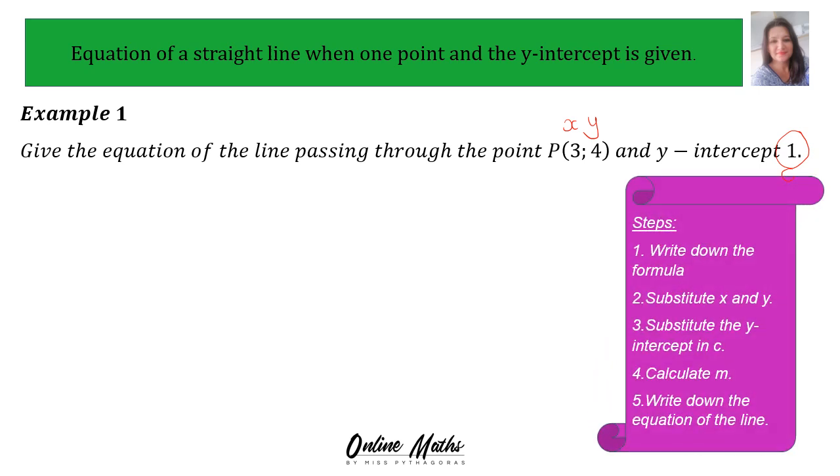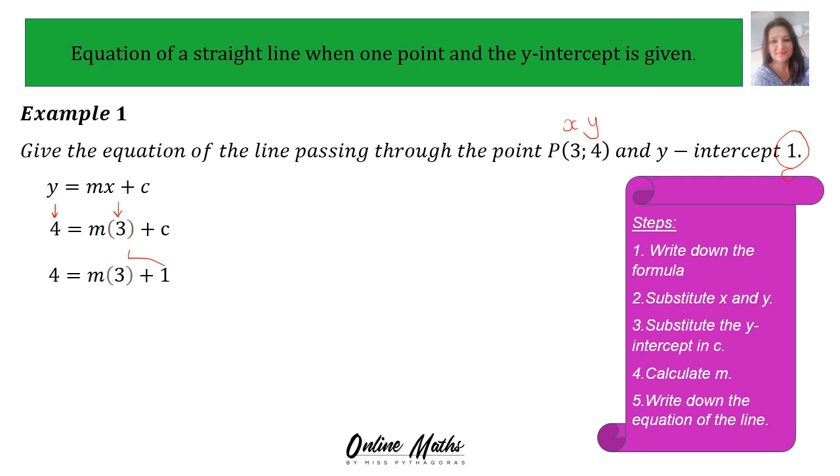There's the steps. Step 1, let's write down the formula. y is mx plus c. Then in y's place we substitute that other point's y coordinate and in x's place 3. The next step, we know c's value. c is 1, the y-intercept, so we substitute that one, and then we're going to solve m.